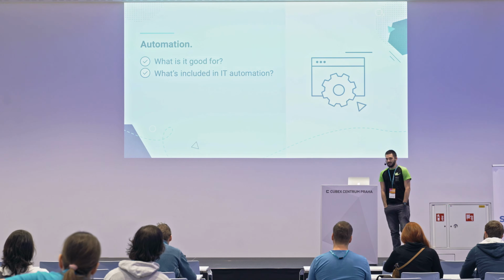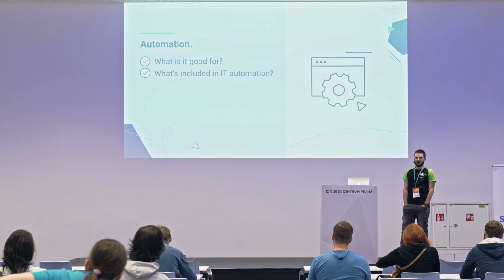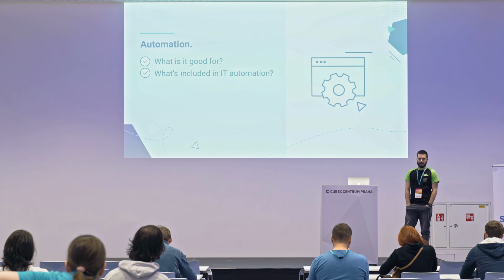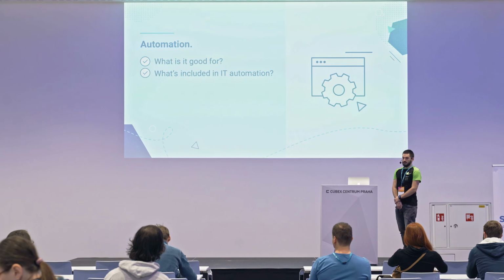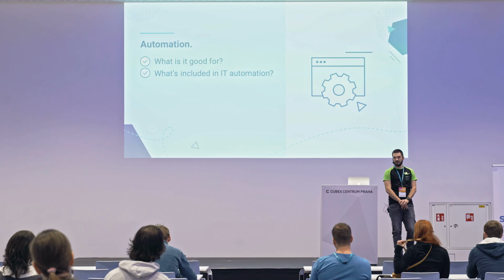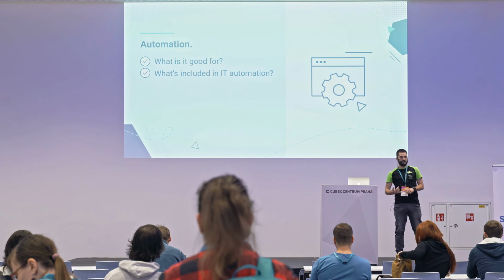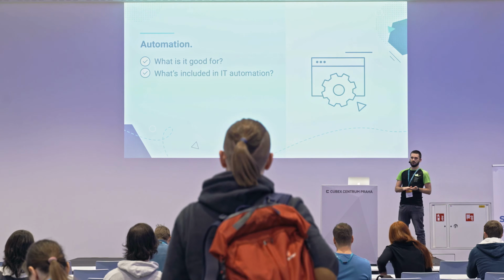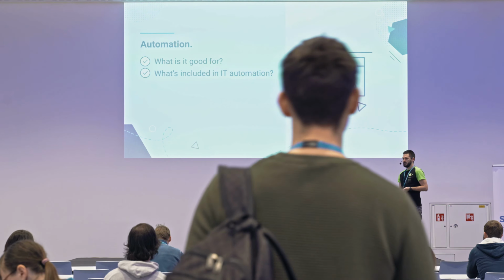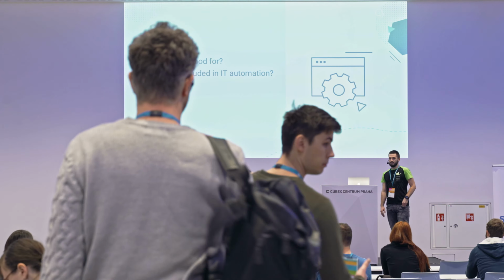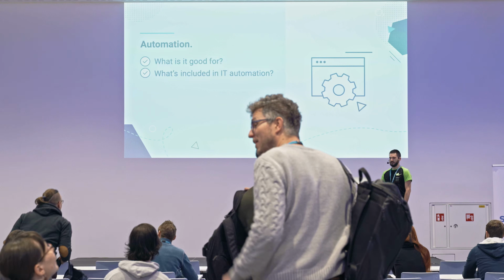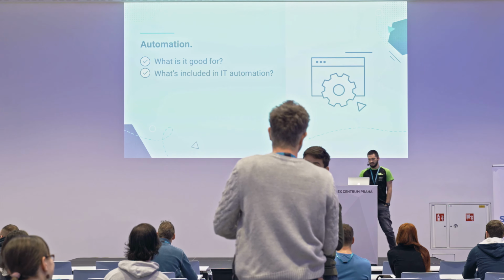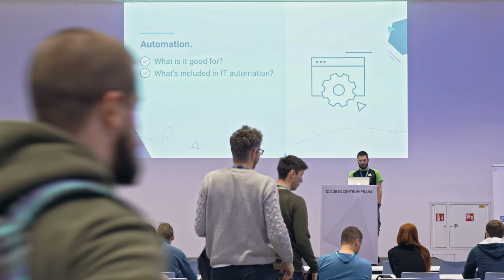So I encourage you to automate the things that you do in your daily job and are repeating day after day. And that's always good because, first of all, it is saving you time to pay attention to more important tasks. And then, of course, fewer human interactions mean fewer errors in the servers and the systems as a whole.